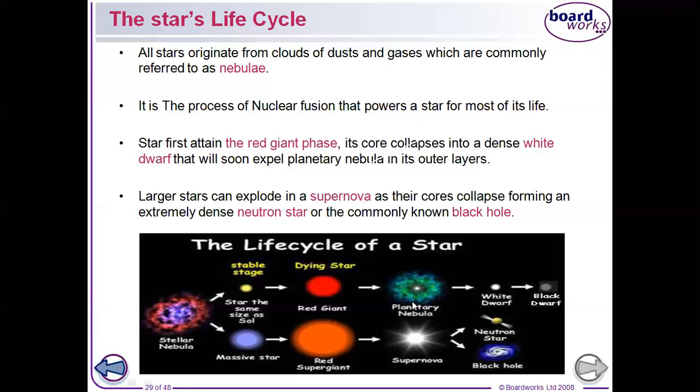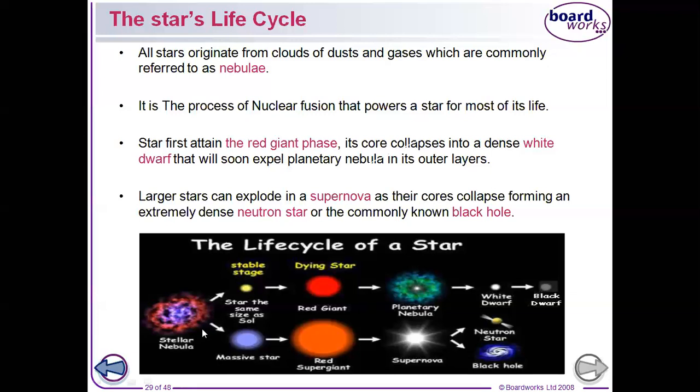Having exhausted its energy, it releases all the matter and finally forms a core, called a white dwarf, which eventually fades out and loses all of its light to become a black dwarf.